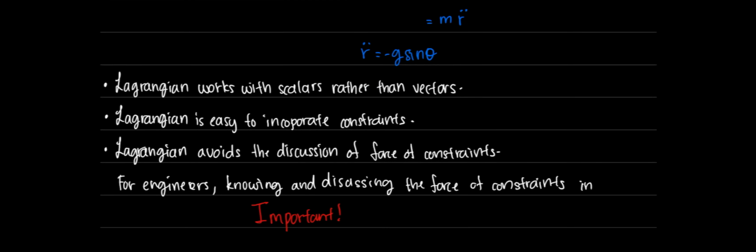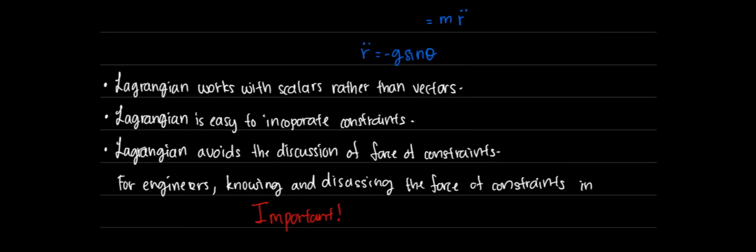As you can see here, we have some advantages of the Lagrangian over Newton's. The Lagrangian works with scalars rather than vectors, so we don't have to worry about the direction of the forces involved. It is easy to incorporate constraints because you can just choose the appropriate coordinate system and put it in the Lagrangian.